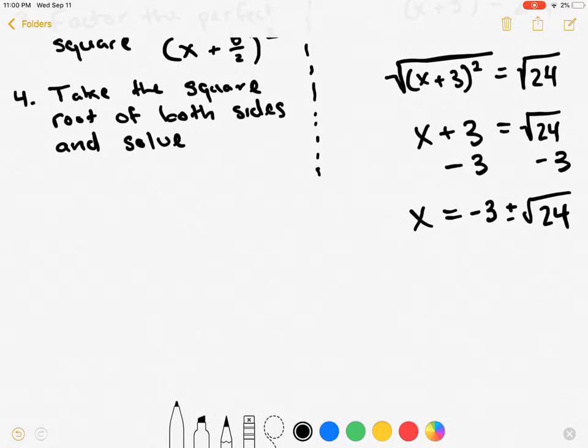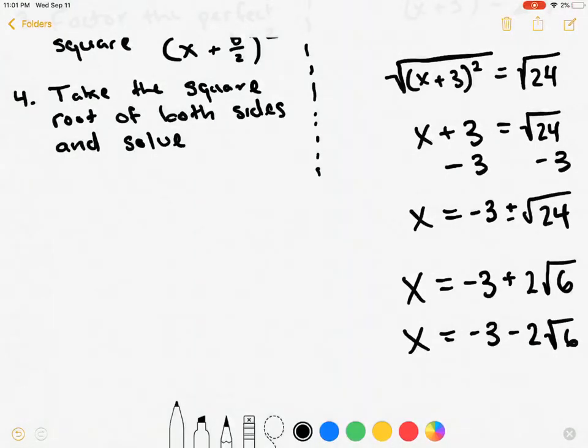So let's write the exact solutions. One would be negative 3 plus the square root of 24. We can simplify the square root of 24, and for right now, I'll just tell you that that is 2 times the square root of 6. Our other solution here, we would have negative 3 minus 2 times the square root of 6. That 2 times the square root of 6 is the same thing as the square root of 24.